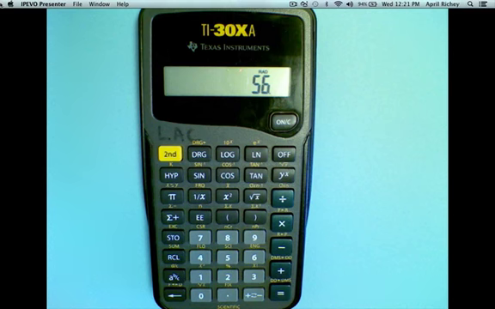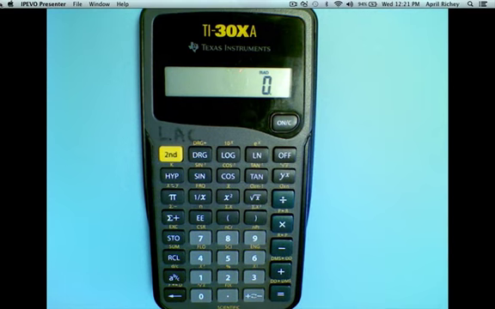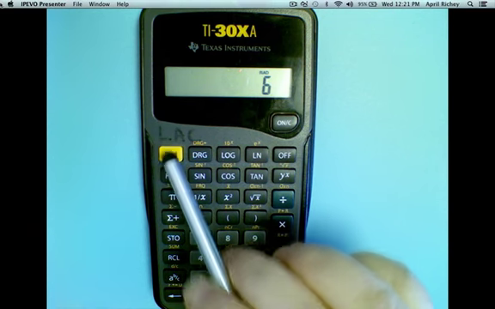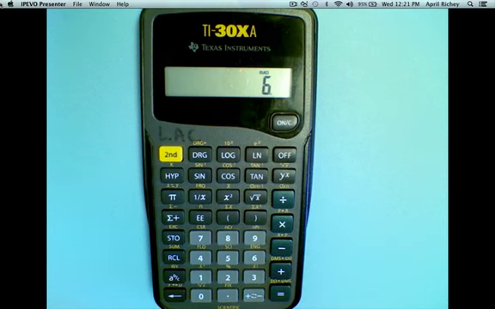And that gave me the 56 we got by working the formula out by hand. In the second example, it was the number of combinations of 6 choose 2. So type in a 6, hit second number 8 for the combination, and then type a 2. And that gives me the 15 that we got by hand.